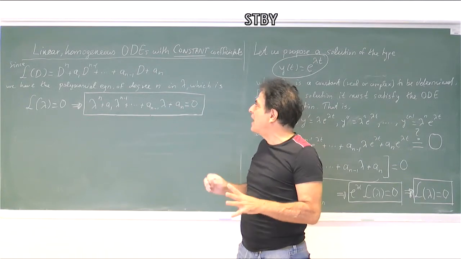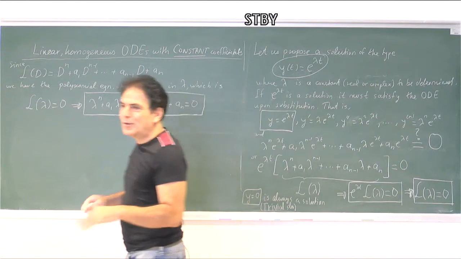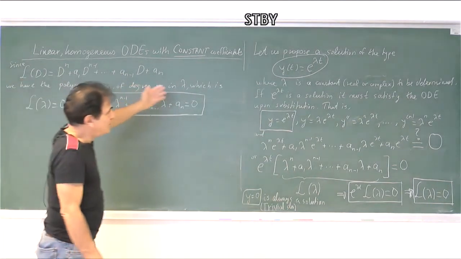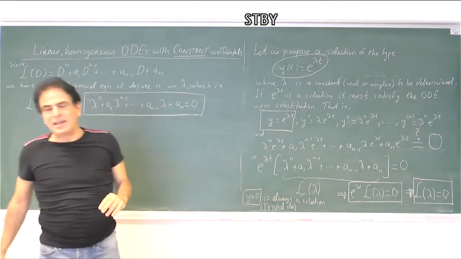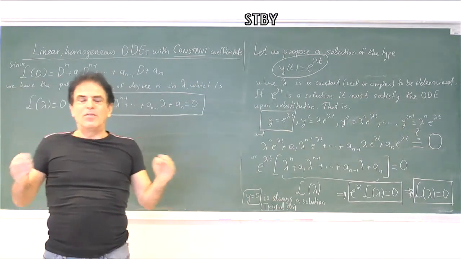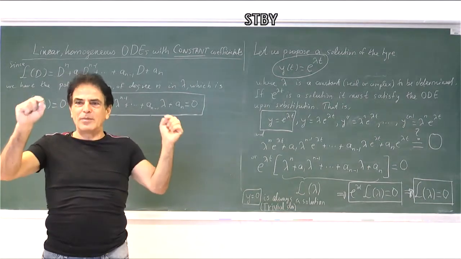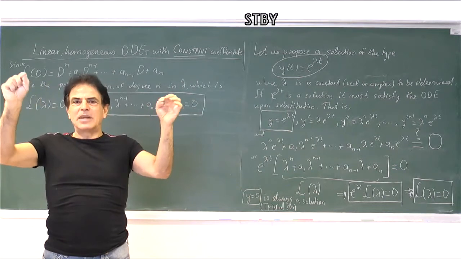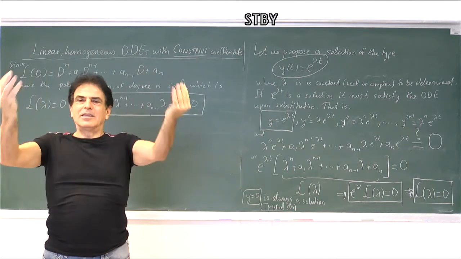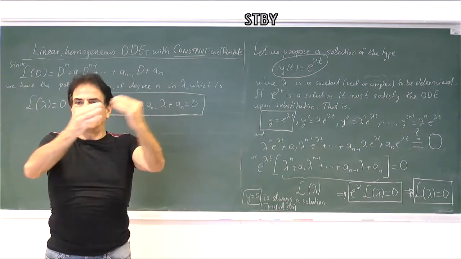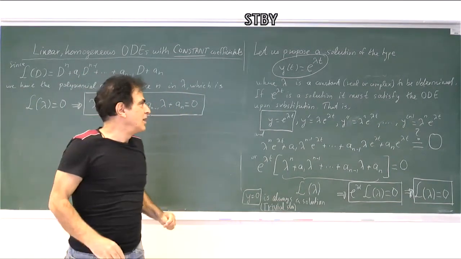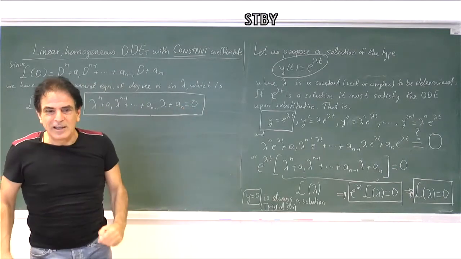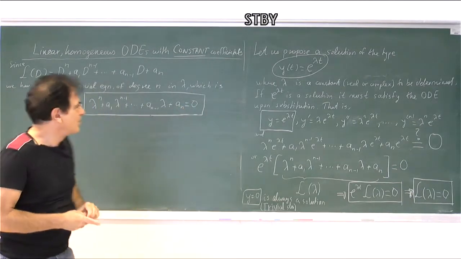And this is precisely the same equation when you consider the system representation of our nth order ODE. Recall that we find the characteristic equation by finding the determinant of the matrix A minus lambda identity and equating it to 0. This is the same characteristic equation. Perhaps we illustrate it later in this simple second order case.